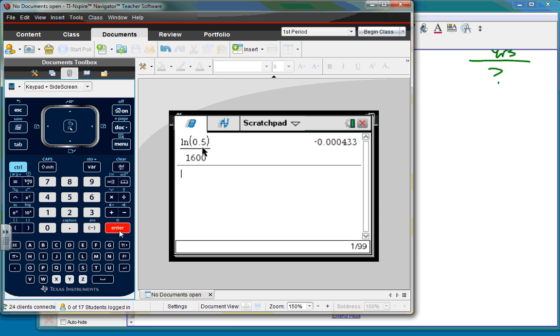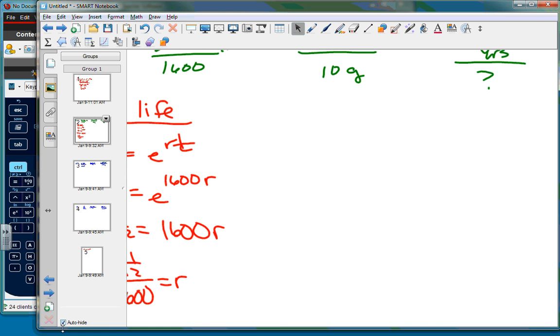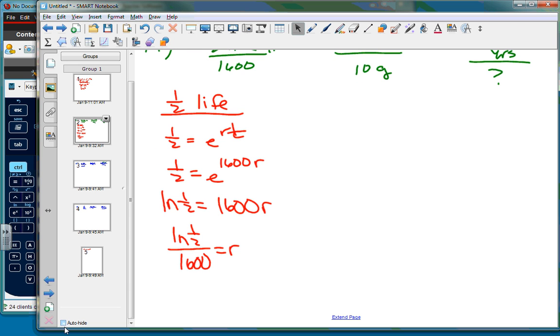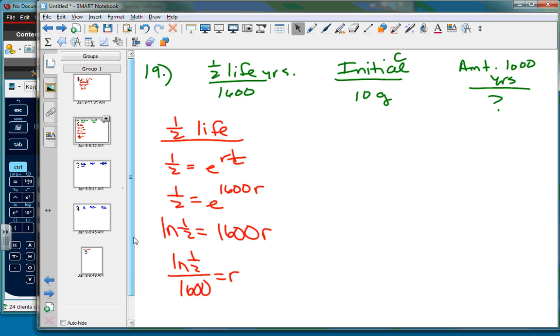Well, let's look at the information they gave us. The information they gave us is that it's going to take 1,600 years for 10 grams to go down to 5 grams. Let's think about that a little bit. How much is 10 grams?